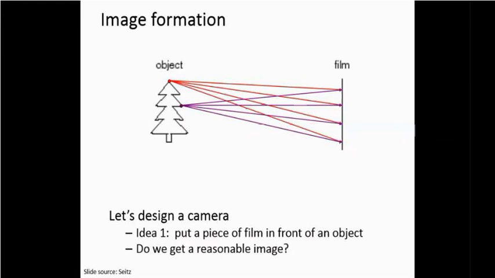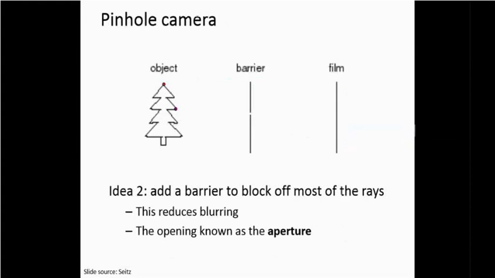So the simple solution is that we put a barrier, and then we put a little hole in the barrier. And then, even though the point on the object is still reflecting light in all directions, only light from one direction passes through the barrier and into the film.